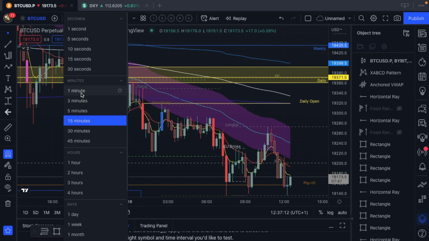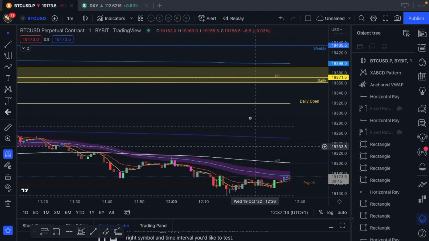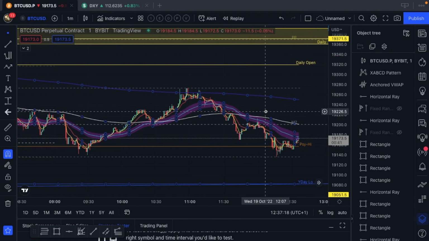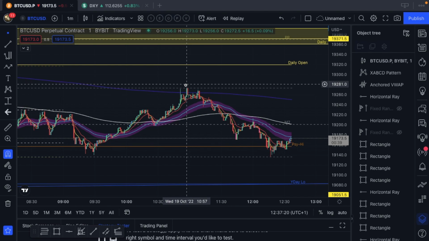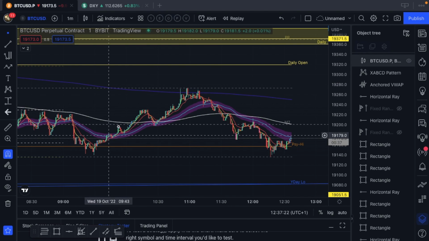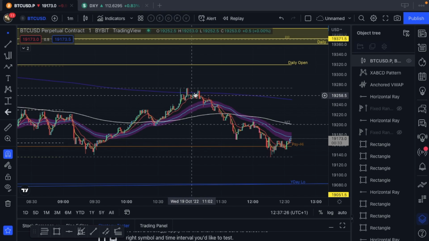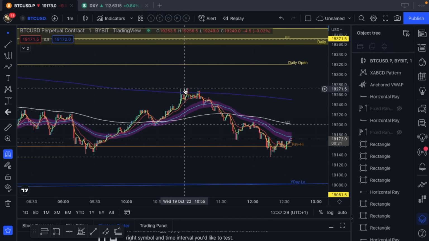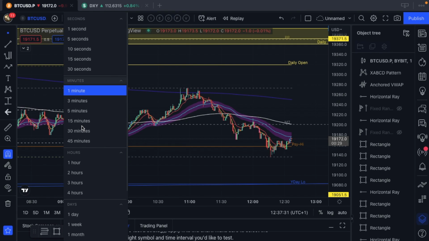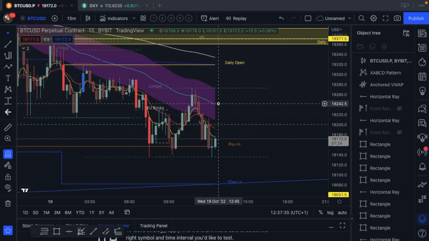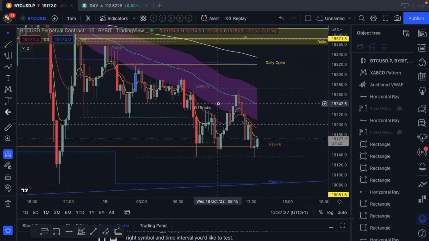However, on the 1 minute, it again looks pretty bullish here, right? We've taken the dragon, we found support on the dragon, but we run into this 800 EMA. And again, if we zoom out to the 15-minute chart, you're just zooming in and out time-wise to see where we are.